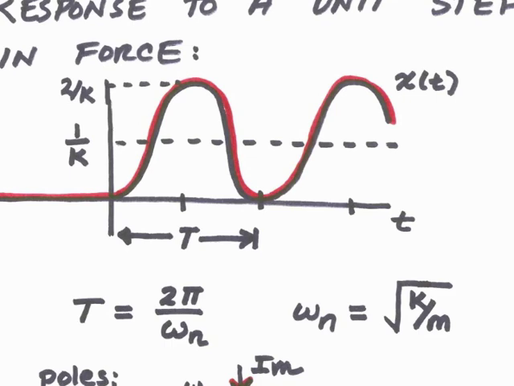What we see is a response that's the sum of two elements. One part is a constant with amplitude 1 over k, that is a step, and the other part is a cosine wave with amplitude 1 over k.